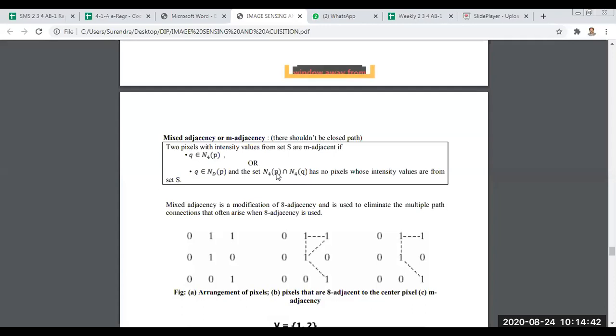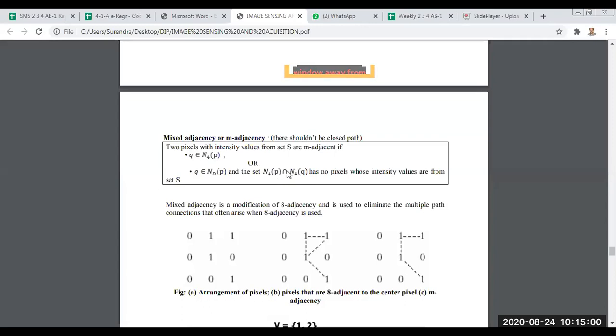That means we are forming the 4-neighbor of P along with Q, or otherwise we are forming N4 of Q along with P. However, this is the common element. So how much common intersection is there between N4 of P and N4 of Q? This is set theory.